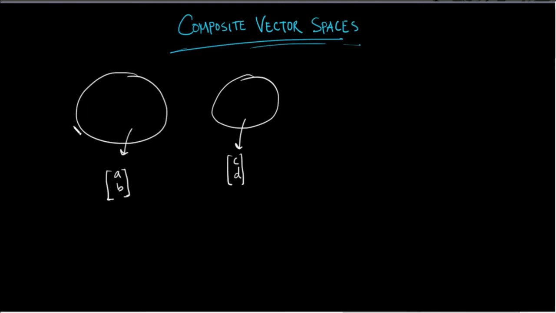Suppose I have a basis in this vector space. As we saw before, suppose the basis is 0 and 1, and I have a basis of 0 and 1 in this vector space too. These are two separate vector spaces.